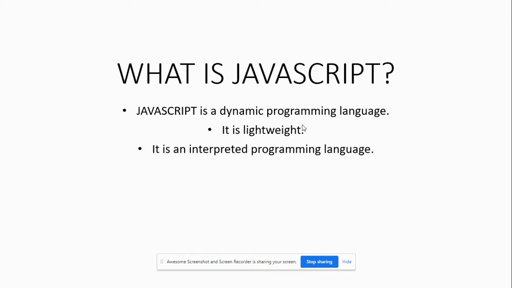Interpreted programming languages are JavaScript, Perl, Python, Basic. Remember, in case of interpreted programming language, parsing is done line by line. But in case of compiled language, parsing is done as a whole.